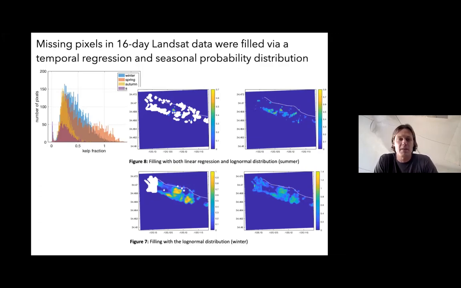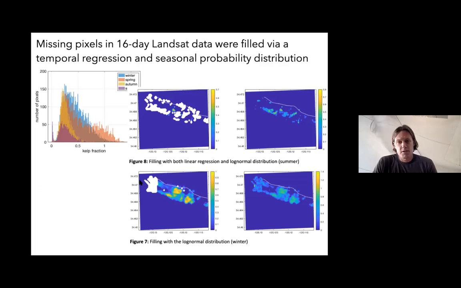So if there was kelp in that pixel before this image, and there was kelp in that pixel after this image, then we can assume that there was probably kelp in this pixel during this image, but it just somehow got flagged incorrectly. And so that's one way of filling in with this linear regression, which works well during the summer when there's high kelp biomass and not too much fog, and we're able to get lots of neighboring images.